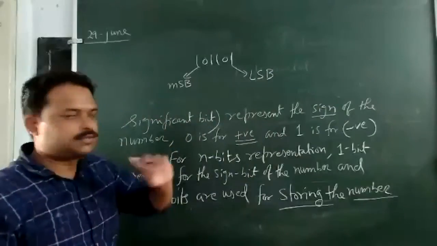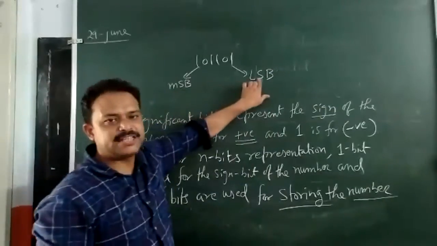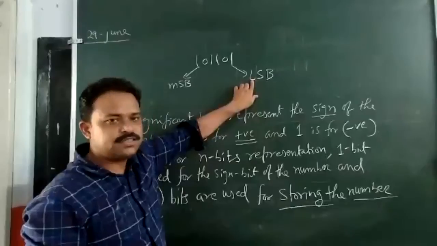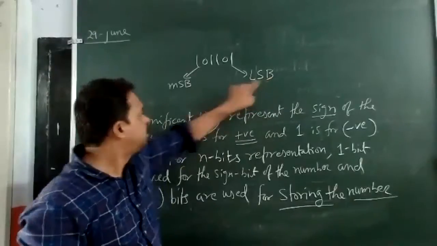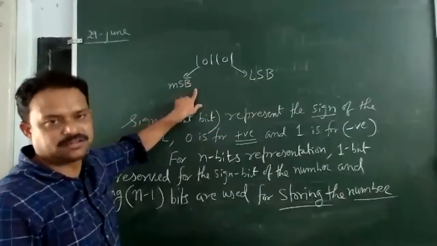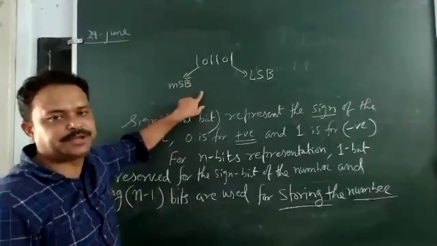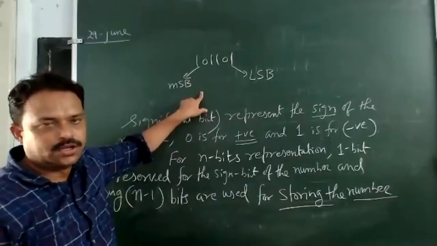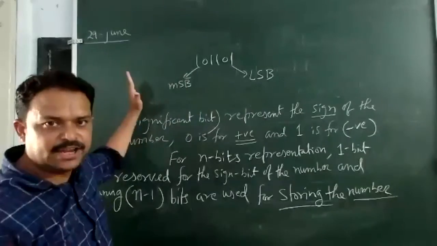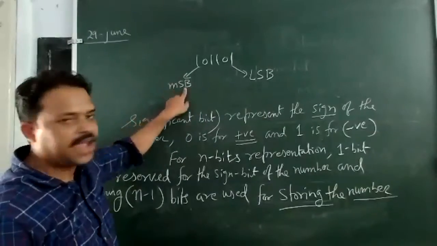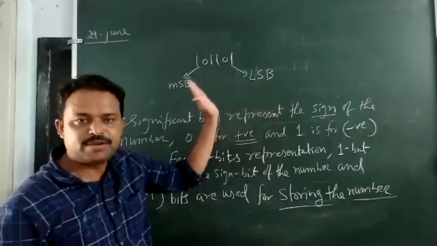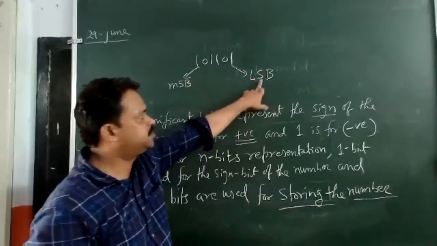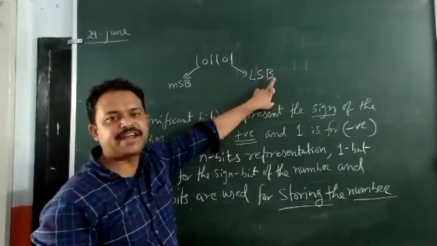These are the two terms, MSB and LSB: most significant bit and least significant bit. So the left-hand side value is known as MSB and the rightmost value is known as LSB, least significant bit.